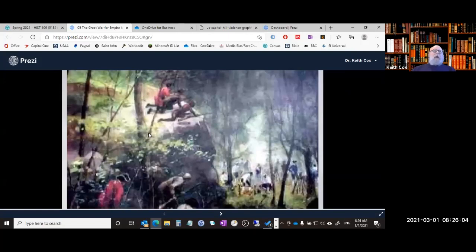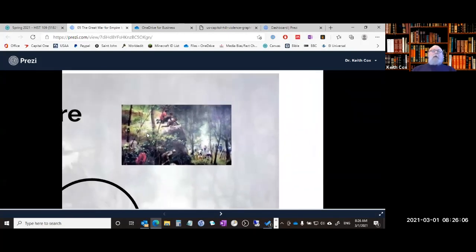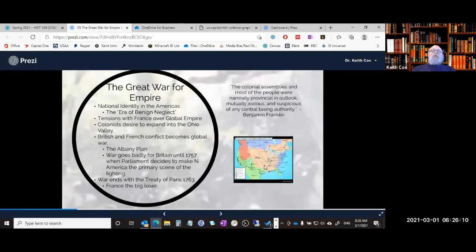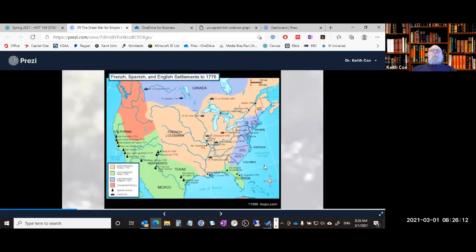And the French ambassador gets killed, and that's going to cause the French to accuse Washington of assassinating their envoy, their ambassador, and the tension that is caused by that will eventually escalate into a worldwide war between the British and the French, right?